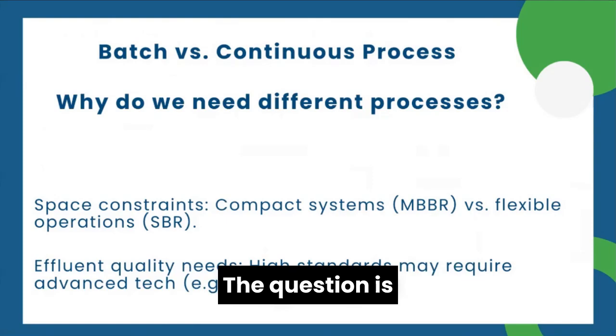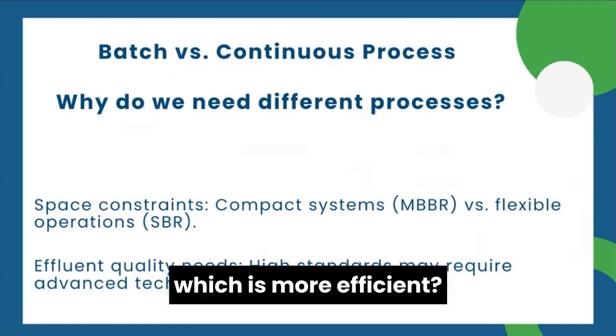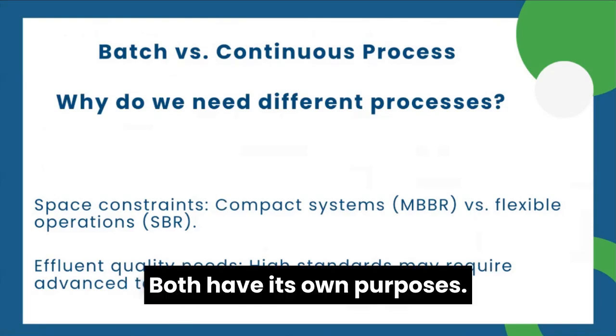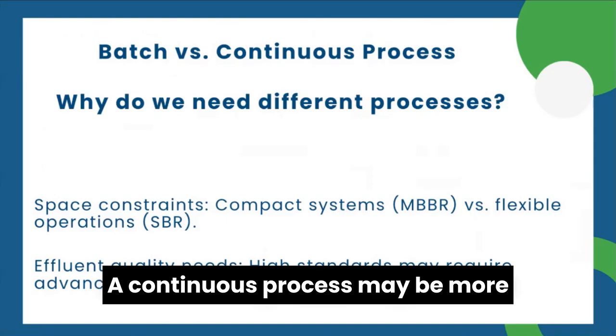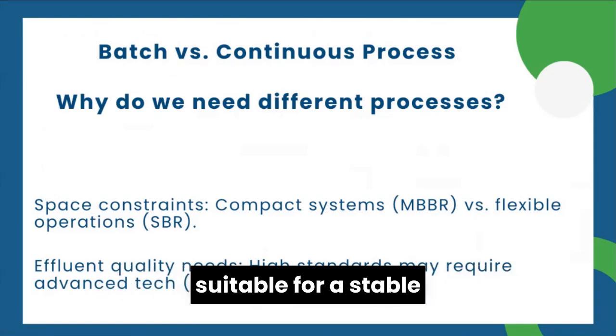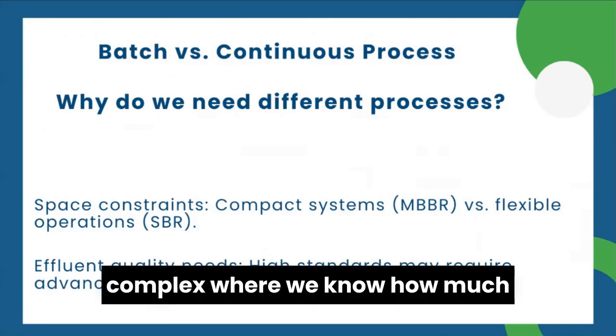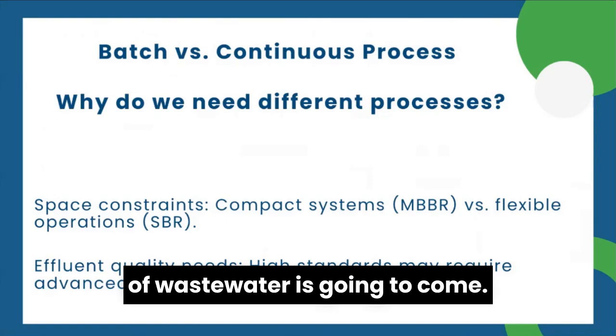Right. The question is, which is more efficient? That's actually not the question. Both have their own purposes. A continuous process may be more suitable for a stable load, something like an apartment complex where we know how much wastewater is going to come.